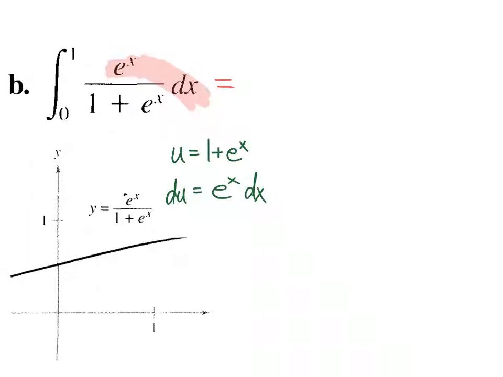Again, remember it doesn't matter whether you put it in terms of u or leave it in terms of x, as long as you change the bounds if you put it in terms of u. So in this case, if I did ln absolute value of 1 plus e to the x, I can leave my bounds set at going from 0 to 1.